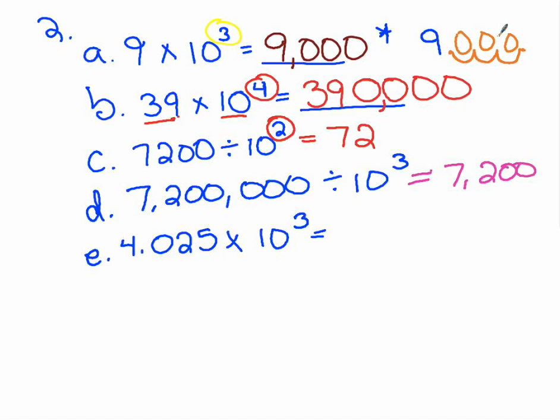So let's think about this problem. Work that problem out with your partner. 4 and 25 thousandths times 10 to the power of 3. Maybe. Oh, there we go. 4 and 25 thousandths times 10 to the power of 3 equals 4,025.